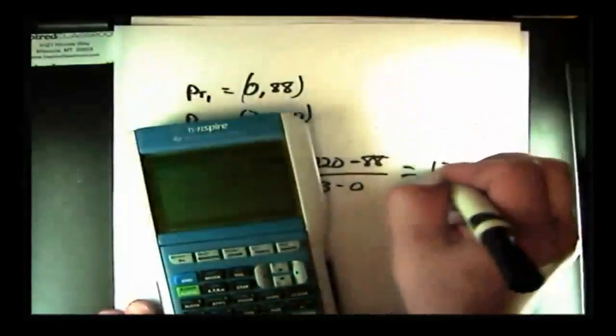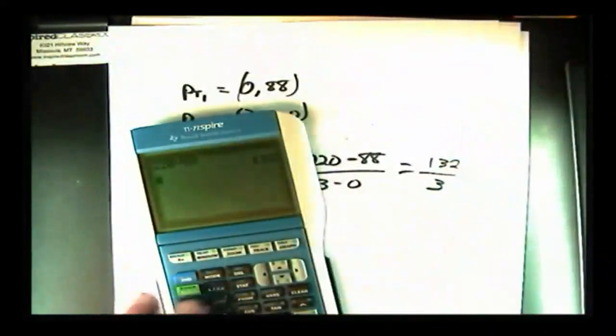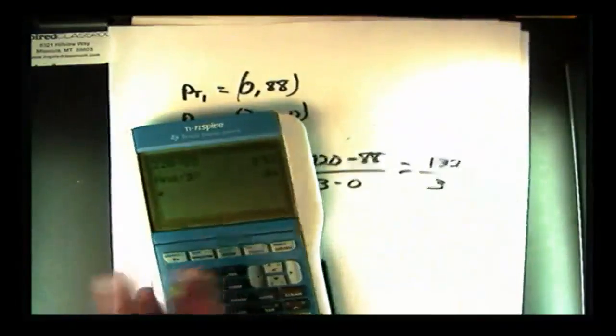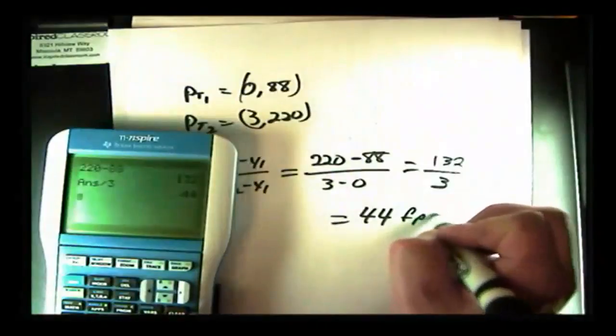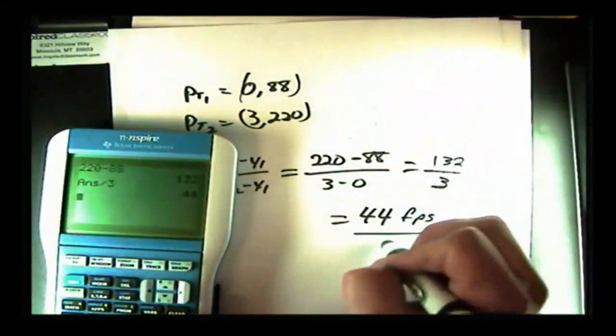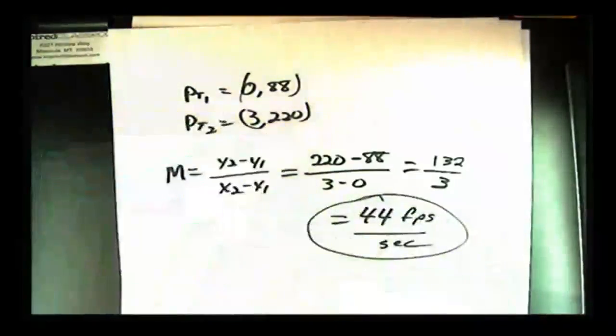This is 132. 3 minus 0, I got that one. That one's 3. 132 divided by 3 is 44. So this is equal to 44 feet per second. This is our final answer.